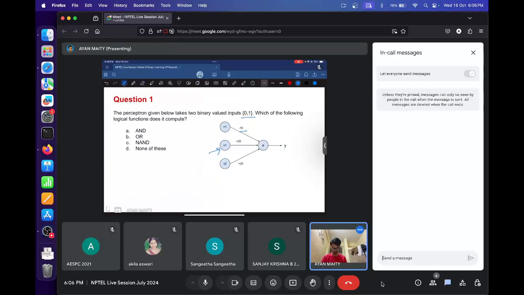These are the two inputs, x1 and x2. Both the inputs are binary valued.